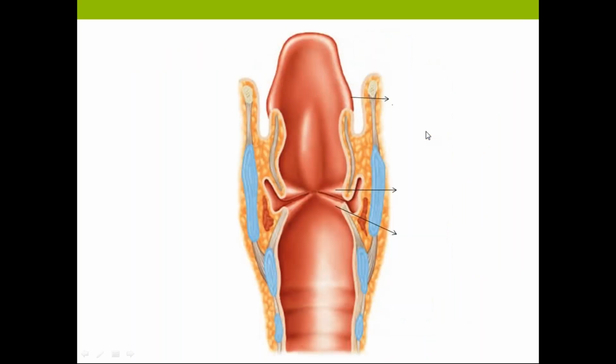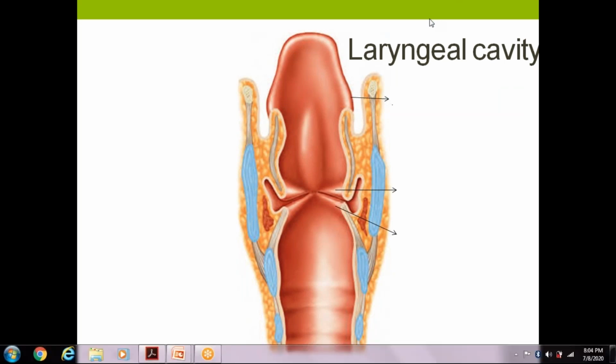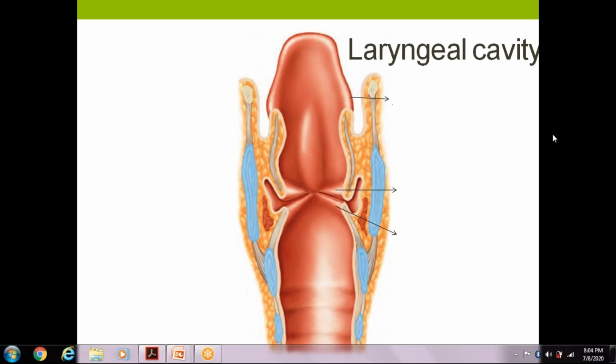Will you identify the folds here? Okay, what is the name of this fold? First fold, you can answer in the chat box. You can use the chat box to answer. What is the name of the first fold here? Yeah, good.